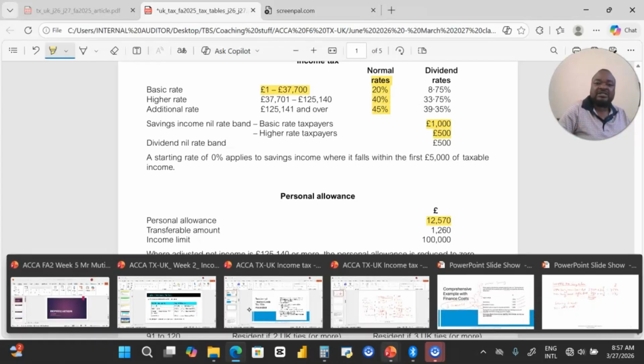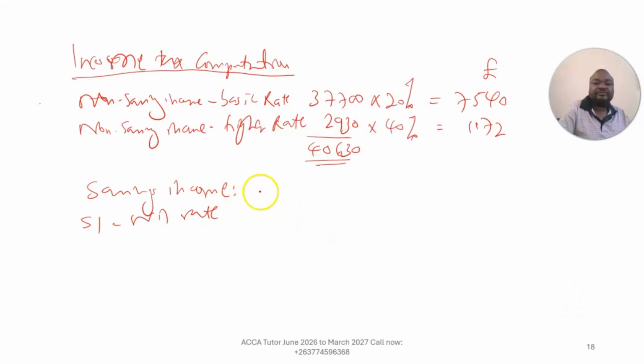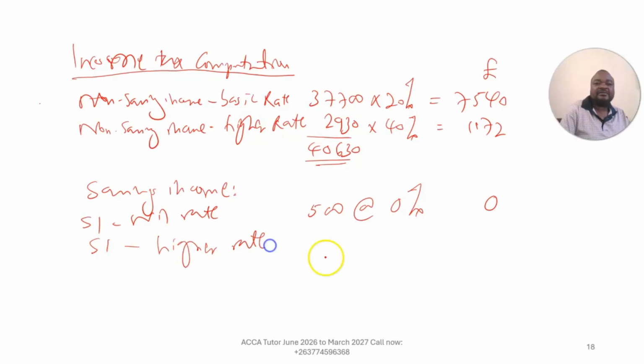So the new rate is going to be 500 at 0%. That is going to be a 0 here. Then the savings income higher rate is going to be the remainder here.